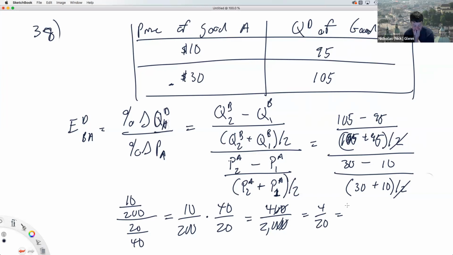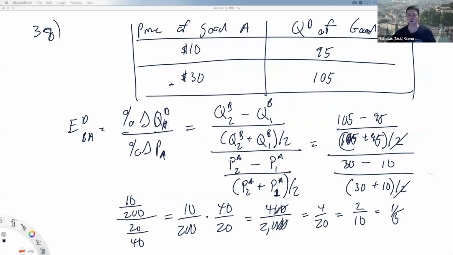That's something wrong. Two over 10. 1/5. What did I do wrong here?